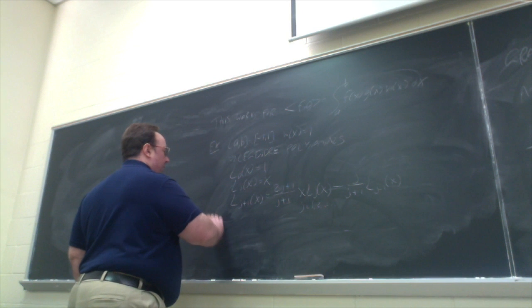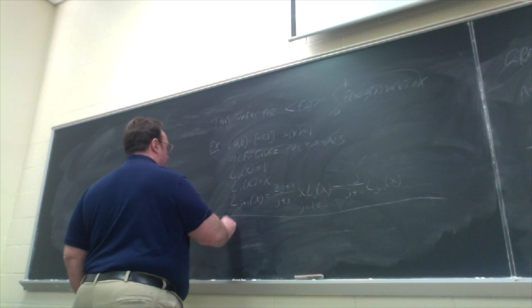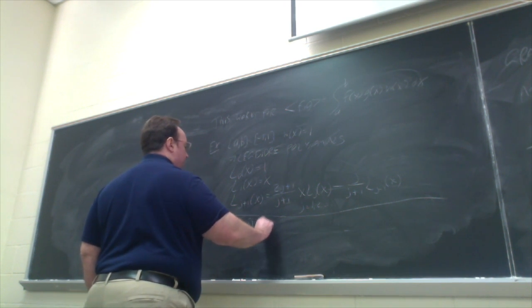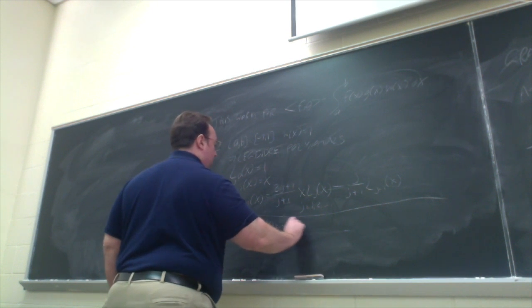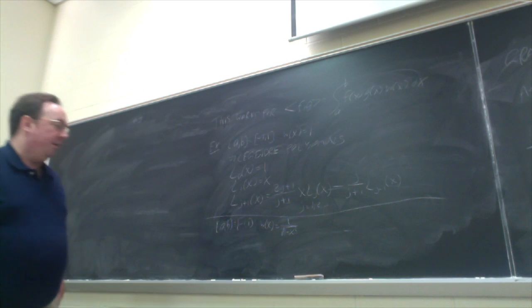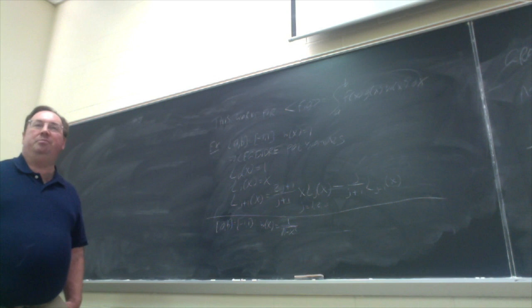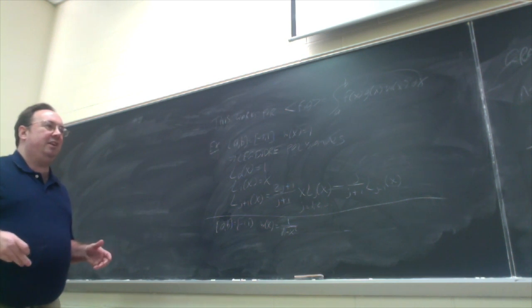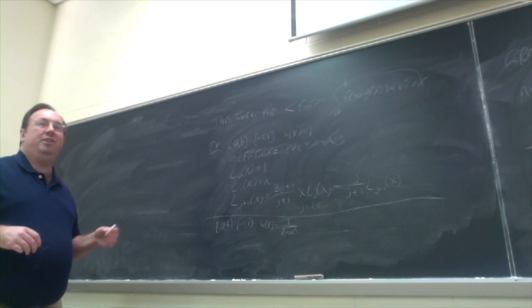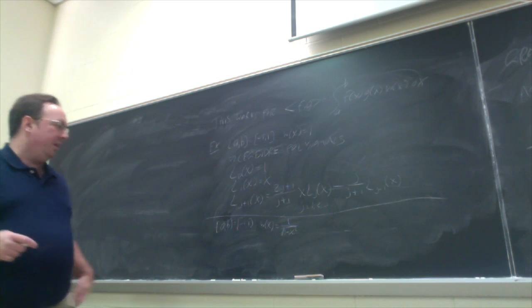So another example: if a, b is again -1 to 1, and the weight function is 1 over the square root of 1 minus x squared. Now that's an interesting case because it's undefined at the endpoints, but having a singularity at the boundary is still okay, because the weight function itself is still integrable over the entire interval.